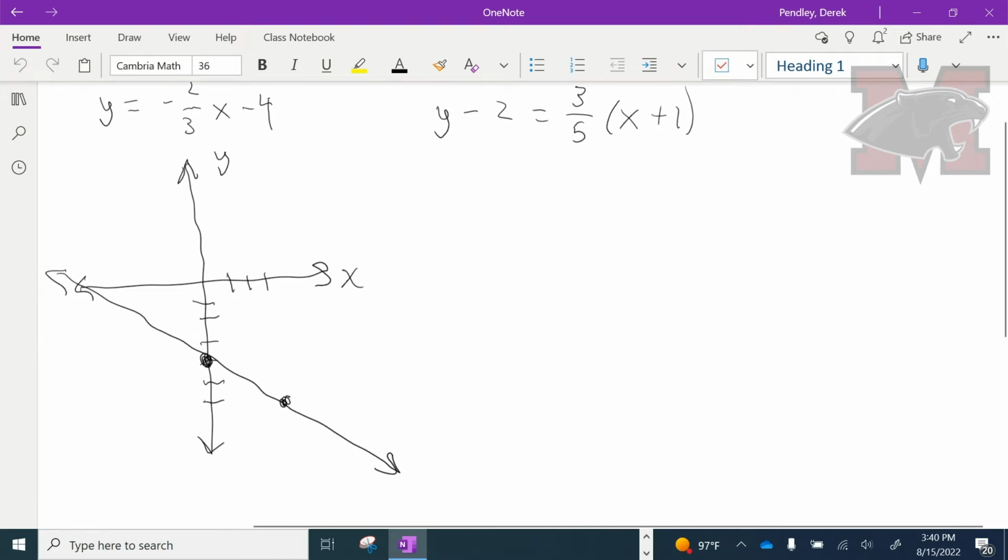So this is the point slope. So again, I'm given the information of a point, which remember you take the inverse. So negative 1 comma 2. And the slope is 3/5.